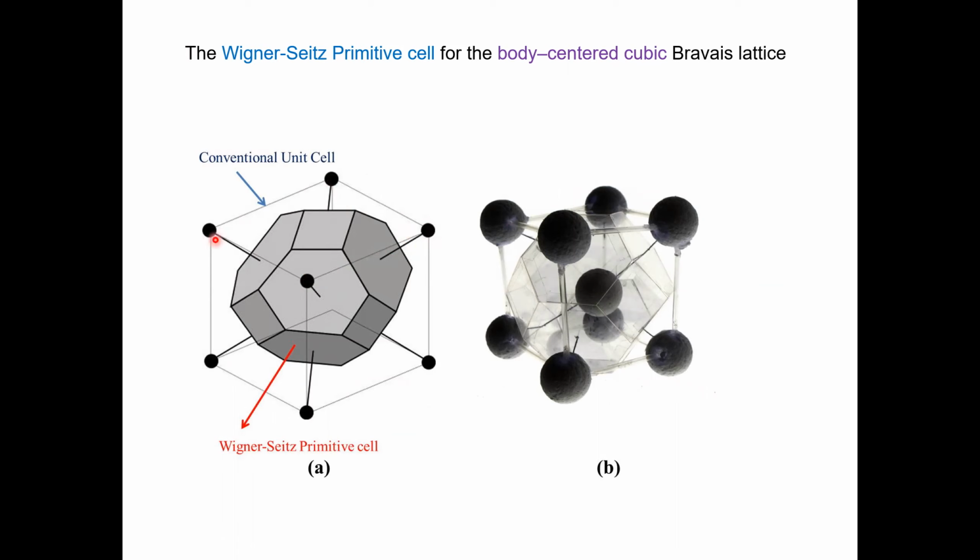8 corners contain 1 atom, or 1 lattice point, at each corner. So we have 8, right? Top we have 4, bottom we have another 4. So we have 8 atoms. And in the middle, we have 1. So how to build the Wigner-Seitz cell is very simple.